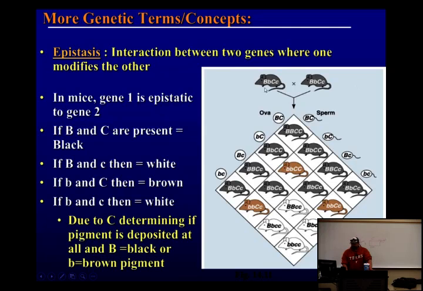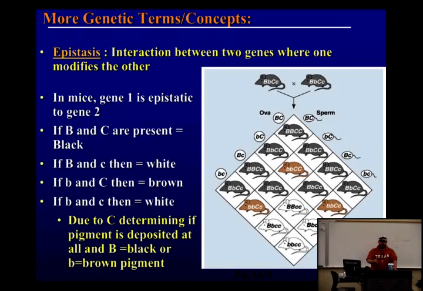What would our expected phenotypic ratio be if this was straight up Mendel genetics, not epistasis? What would we expect? 9 to 3 to 3 to 1, right? So we would expect 9 with both dominant traits, 3 with one dominant, one recessive, 3 with one recessive, one dominant, and 1 with both recessive traits.